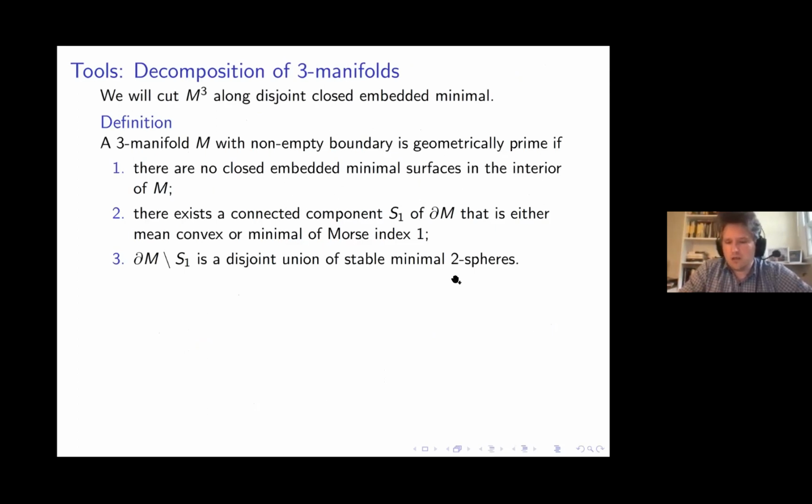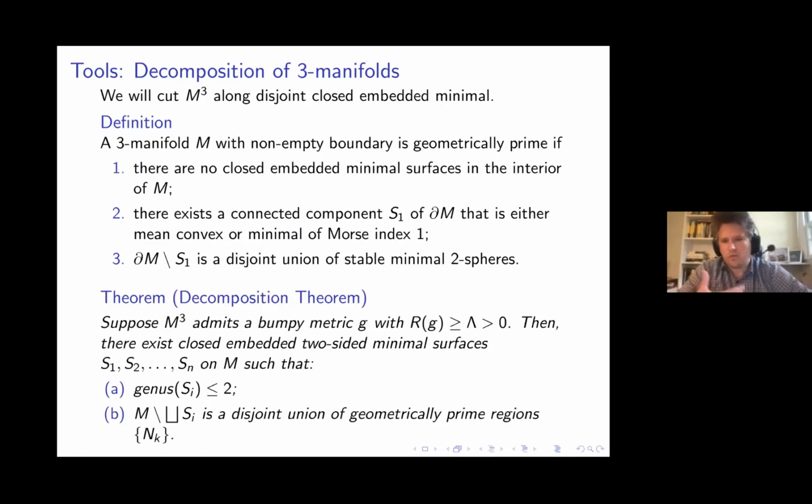There is one boundary component, which is a surface of index 1, or mean convex. And I'll explain why I'm allowing this mean convex here; you could just think that S1 is a minimal surface of index 1 for now. And the other ones are all stable surfaces, which all have to be two-spheres, okay?